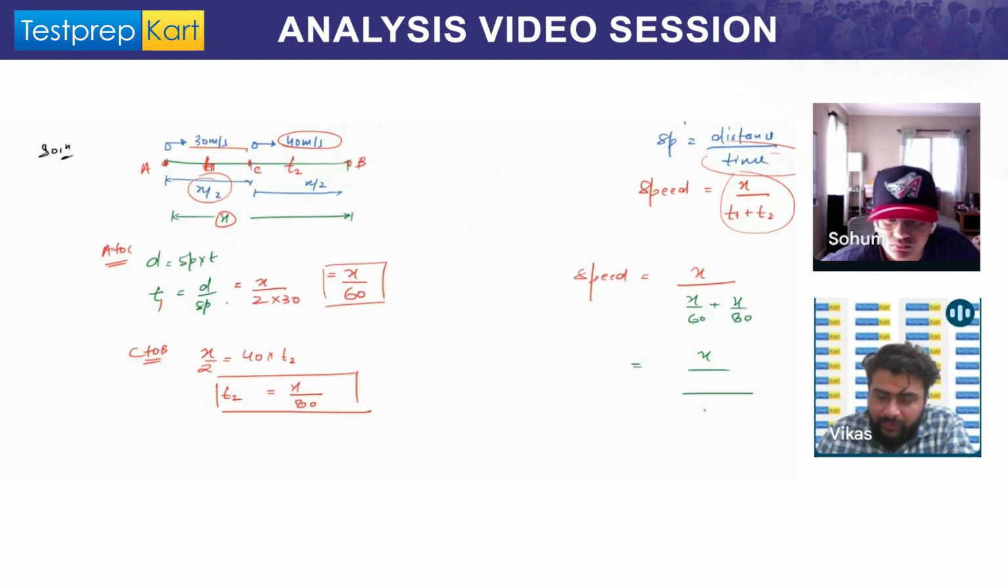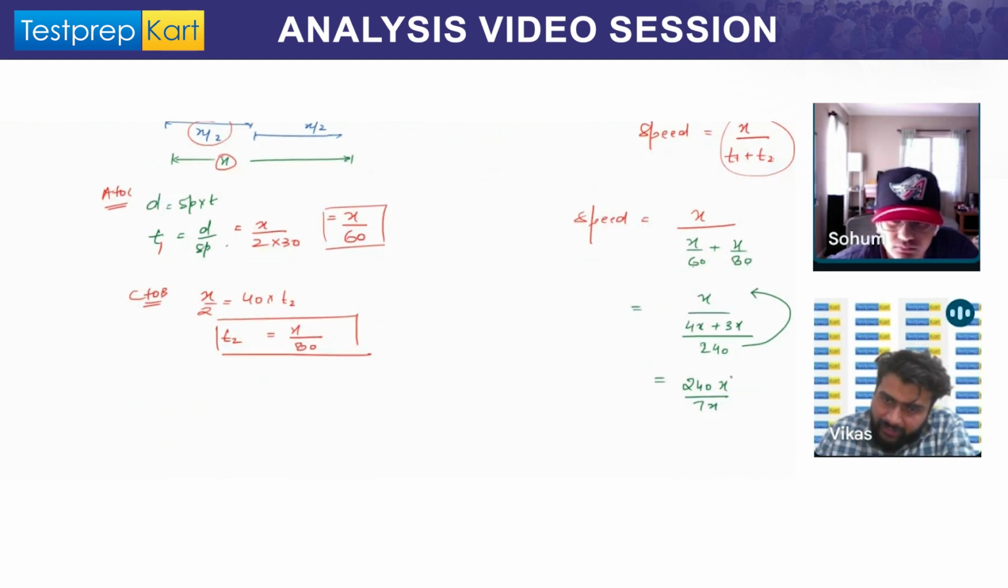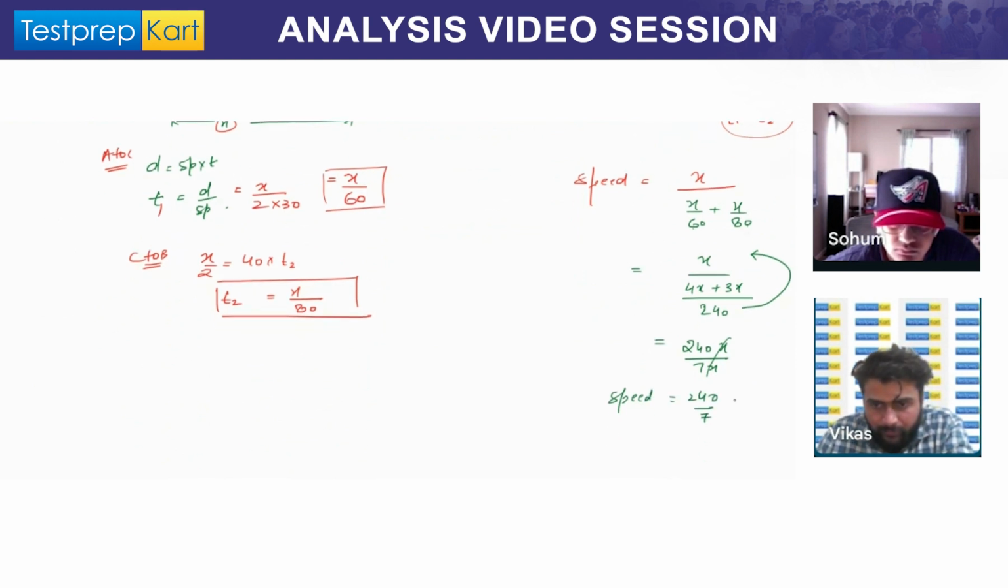The LCM is 240. So we multiply by 4 and 3, and the numerator becomes 7x. It becomes 240x by 7x, so x cancels, and the speed becomes 240 by 7.